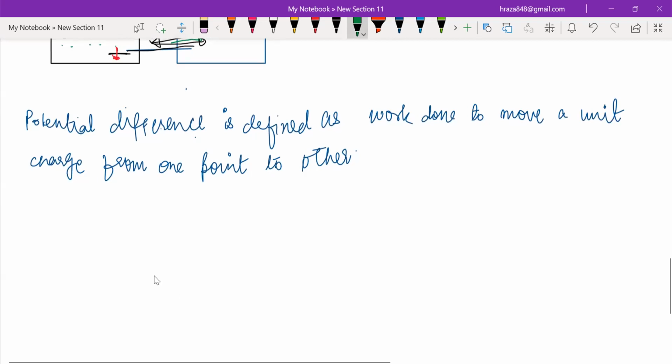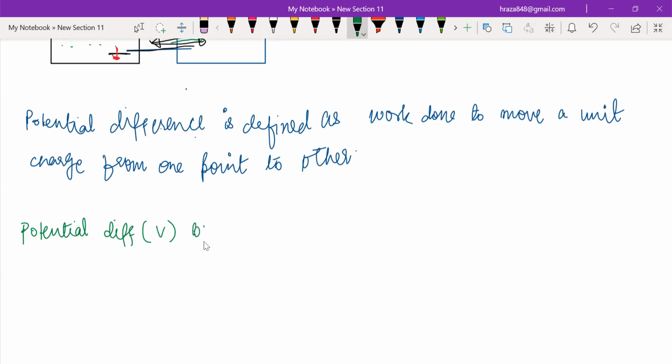So we can easily write the formula from this potential difference, which we denote by V between two points. It is equal to work done to move the charge per unit charge.